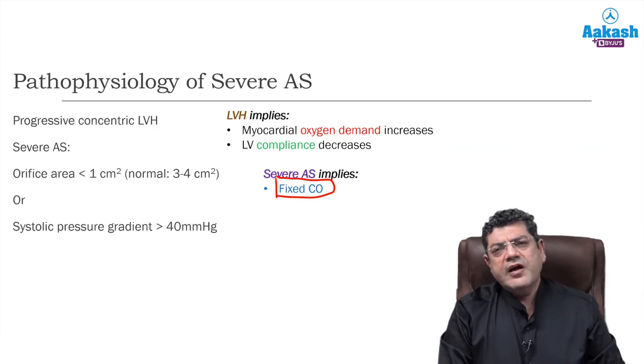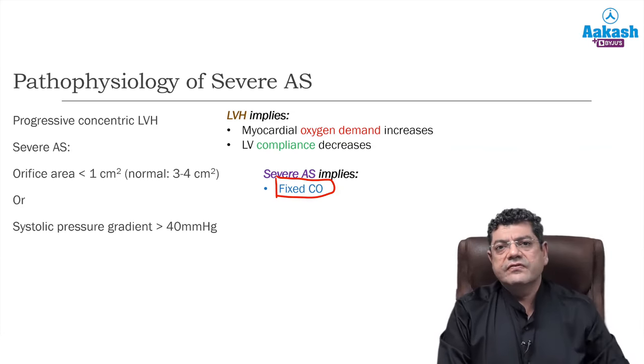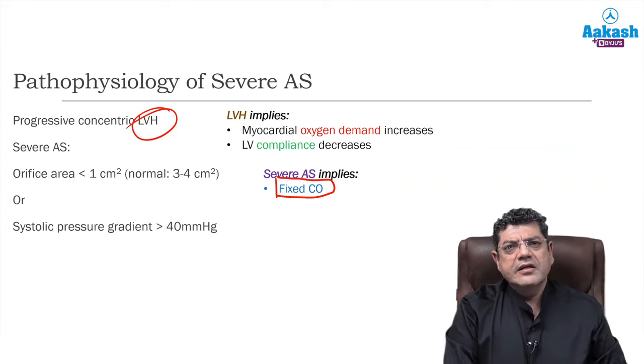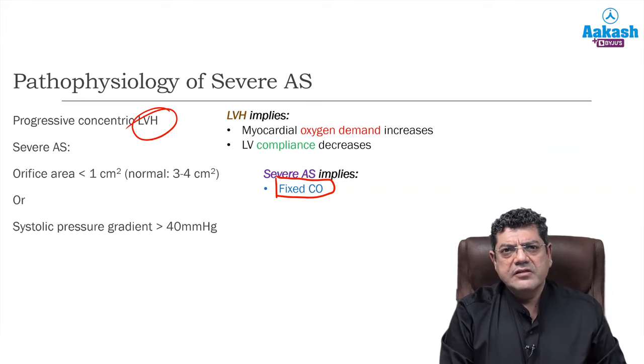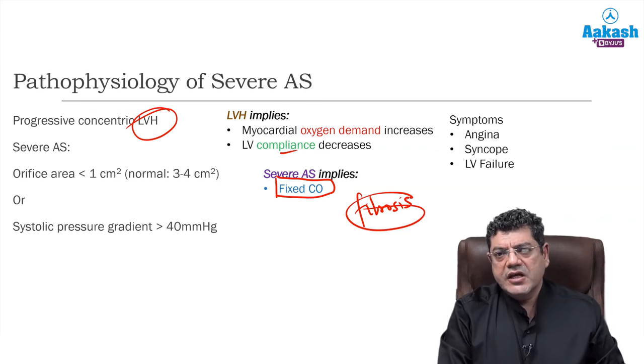And finally, after many years of the left ventricle compensating with hypertrophy, eventually the left ventricle will start to fail, because the hypoxic, hypertrophied, poorly compliant left ventricle is a substrate for irreversible myocardial fibrosis. So in that sequence, angina occurs first, followed by syncope, followed by LV failure.